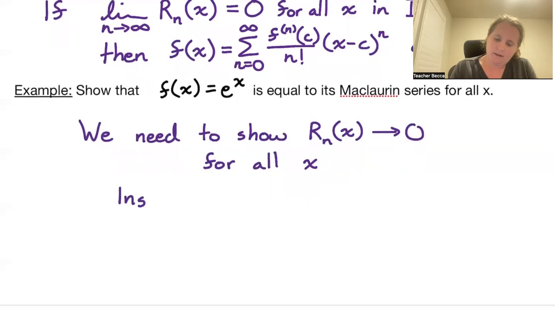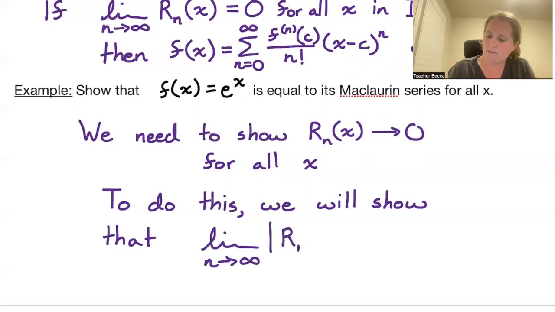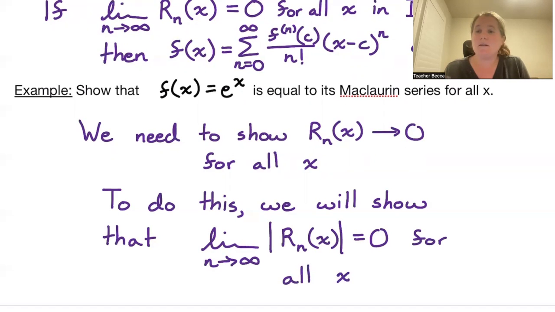So to do this, we will show that the limit as n goes to infinity of the absolute value of R sub n of x is equal to 0 for all x. And all we need to do for that is to show that it's bounded above by a sequence that goes to 0.